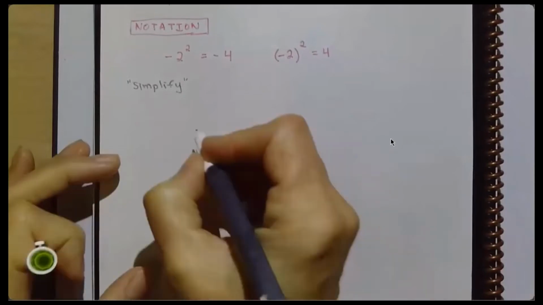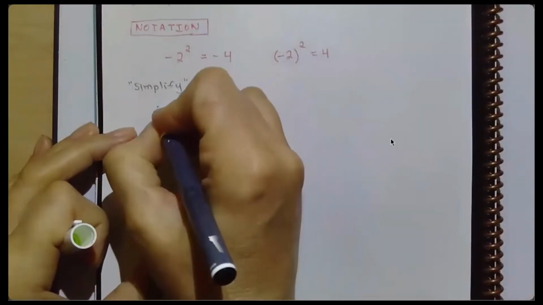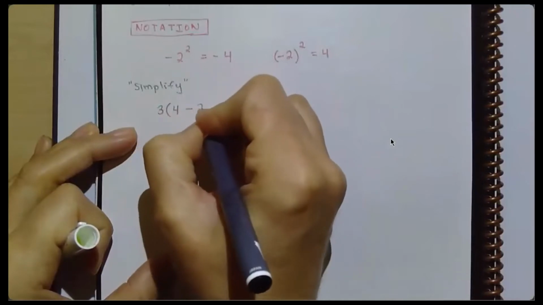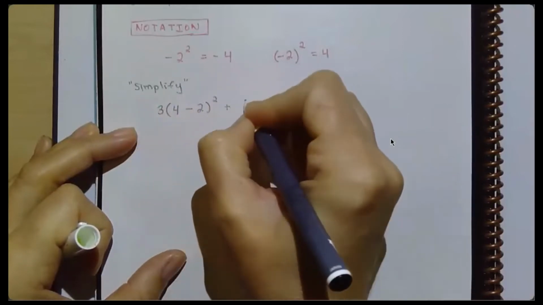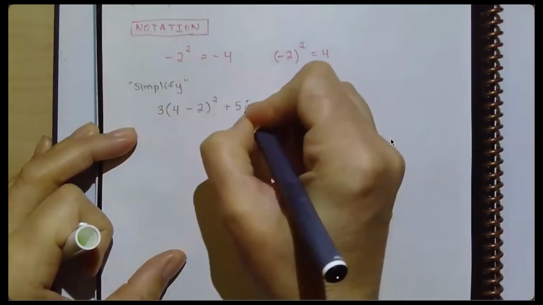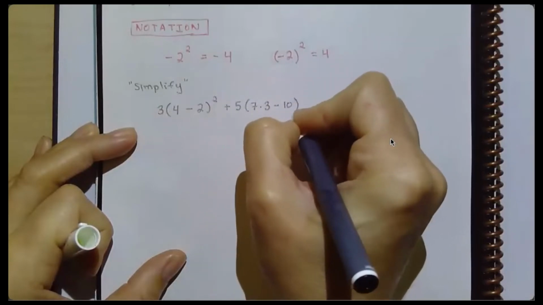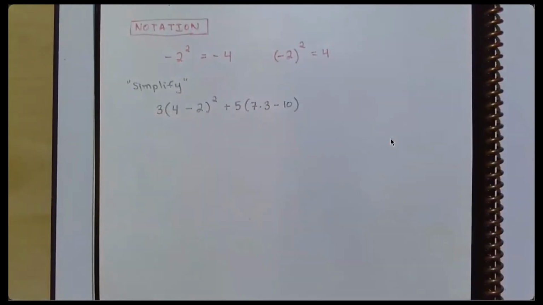So if I'm looking at something like this, if the only instruction is simplify, what do you think you're actually supposed to do?